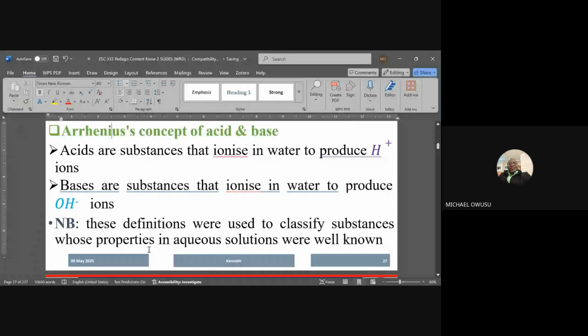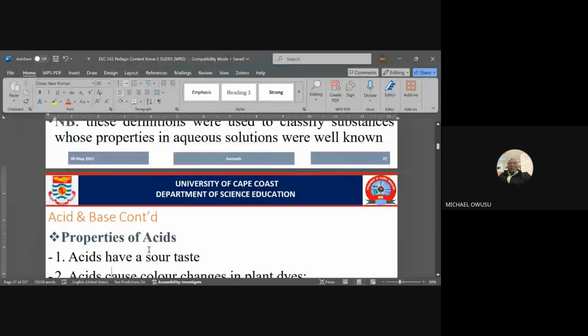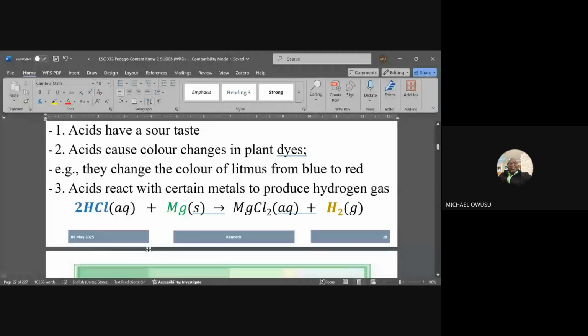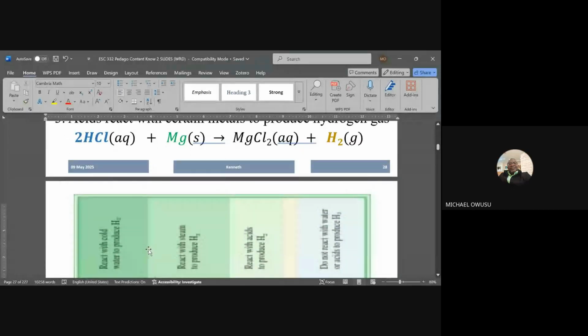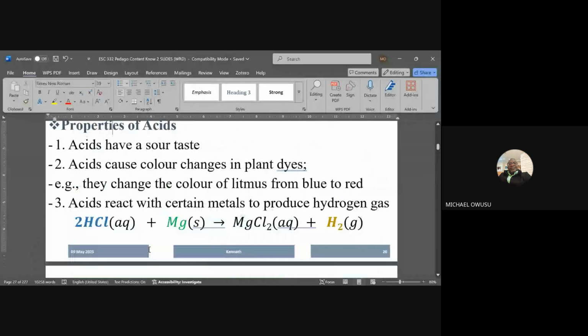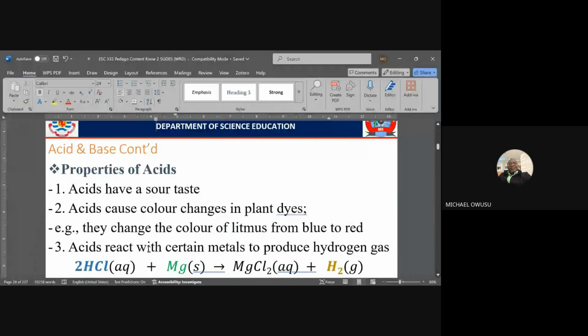Those substances were known, and that is what Arrhenius used to classify them as acids and bases. But we want to look at the properties of these, and then draw something from it. So let's look at the properties according to Arrhenius.